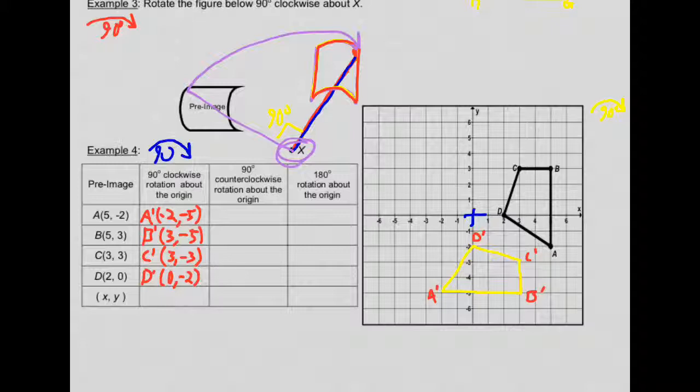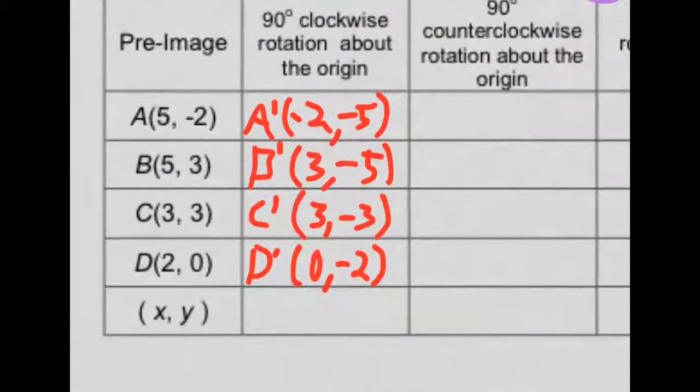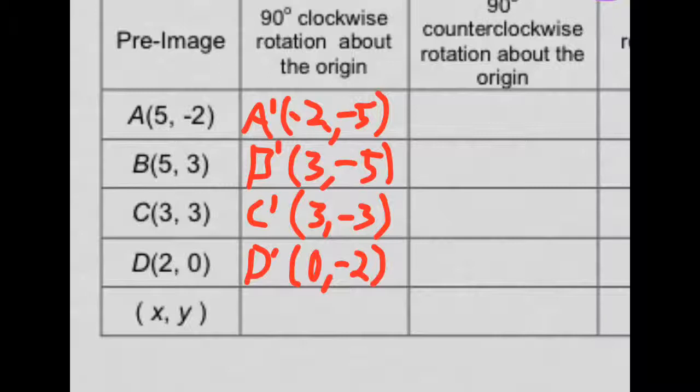And so, what's our pattern here? Let's take a look. With A, our x was 5 and our y was negative 2. But now, A prime, we've got our x is negative 2 and our y is negative 5.